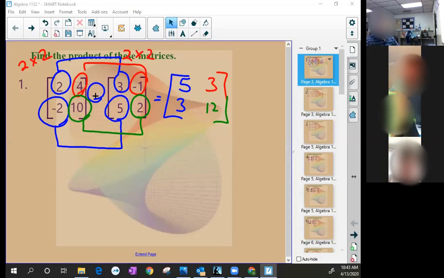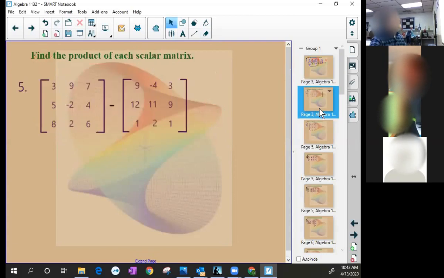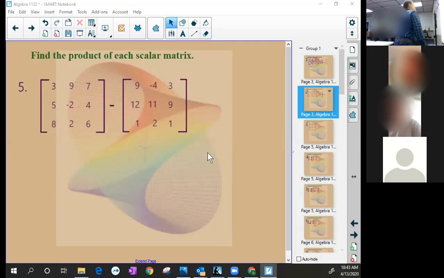All right, so now we're going to do another problem. It is problem number 5. And it's what you do with the negative. So I'm going to mute everybody and do number 5. All right, so same thing that we did the last time.